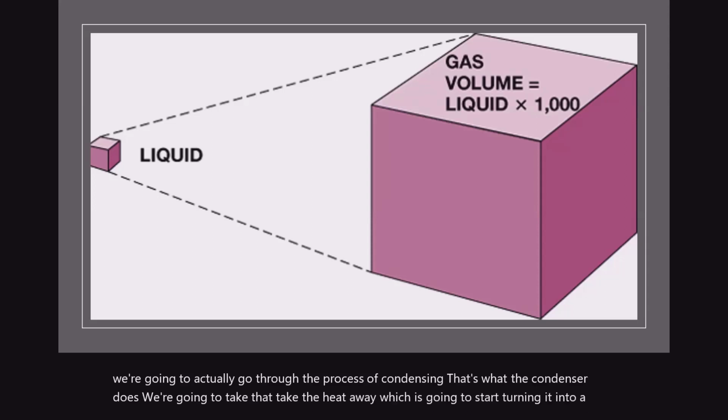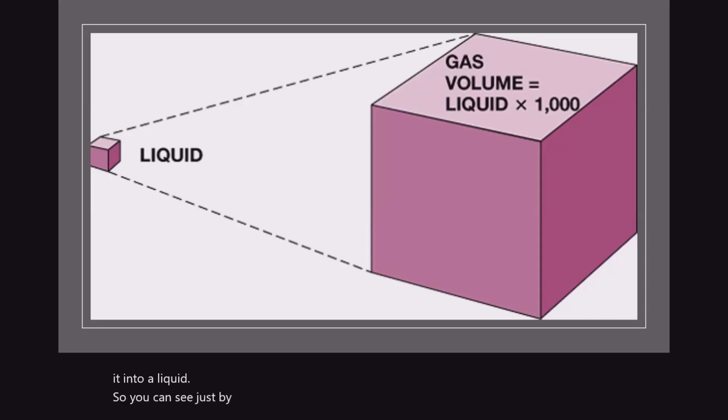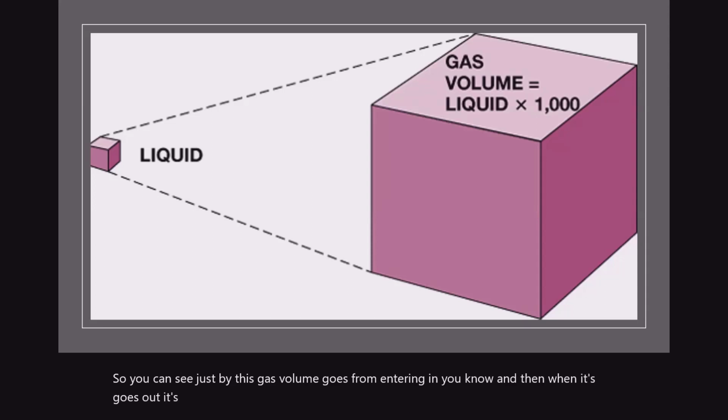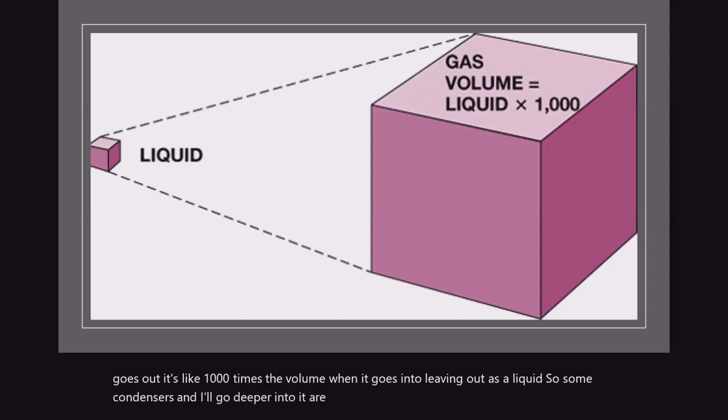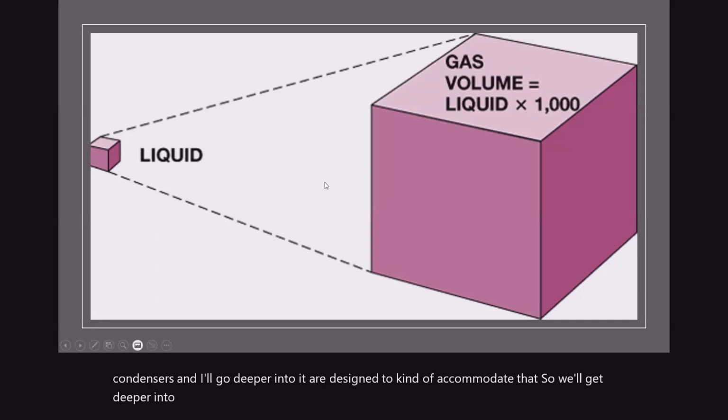So you can see just by this, the gas volume going in is like 1,000 times the volume when it leaves as a liquid. So some condensers, and I'll go deeper into it, are designed to accommodate that. We'll get deeper into that as we go, just on the condenser part.